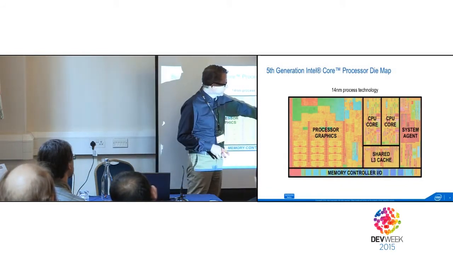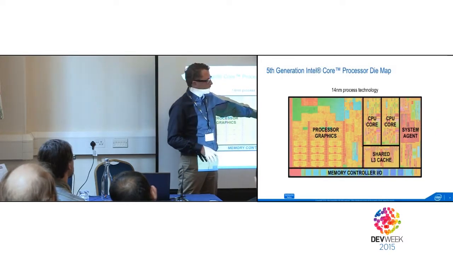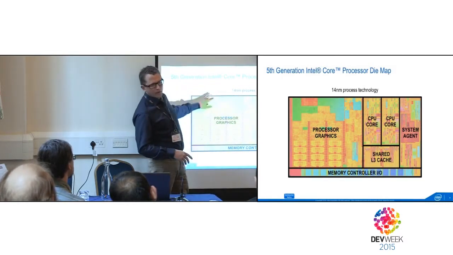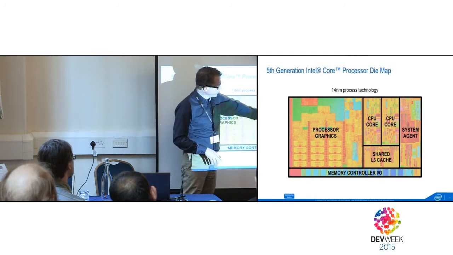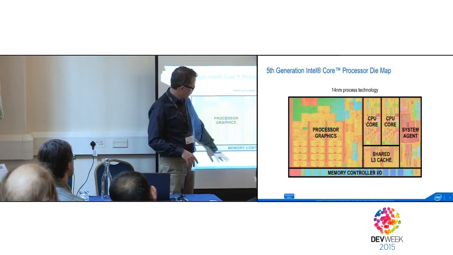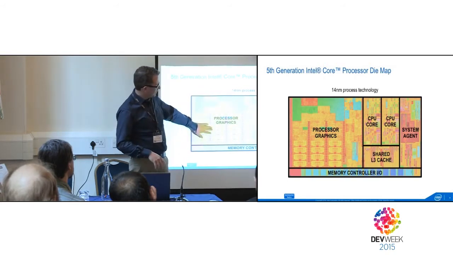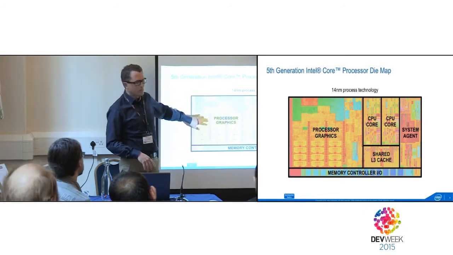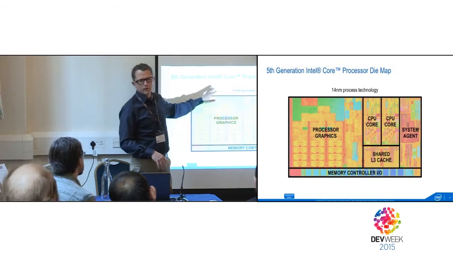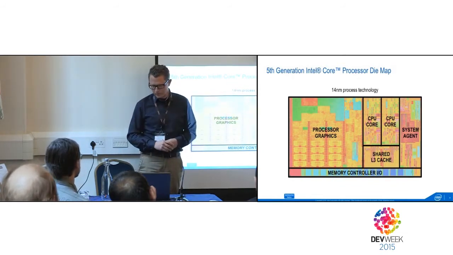So this is the CPU, right? CPU cores. I think this is a Core i5. And here are the 2 cores, a lot of shared memory, memory controller. But if you look at it, the processor graphics, the integrated graphics, is more than half of the die, right? So there's something we can do here.